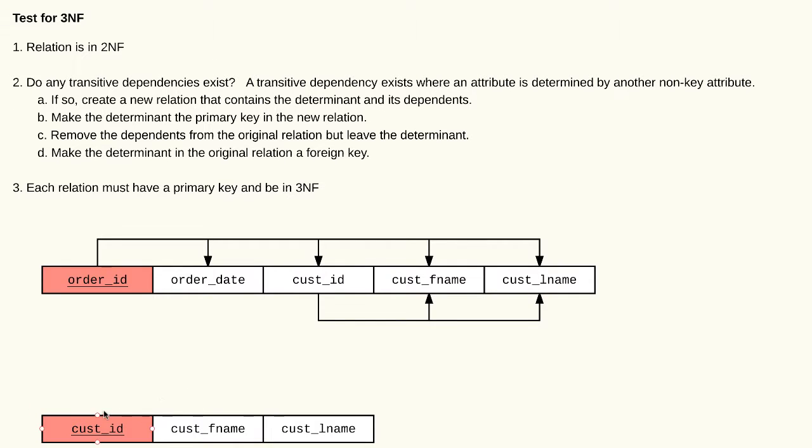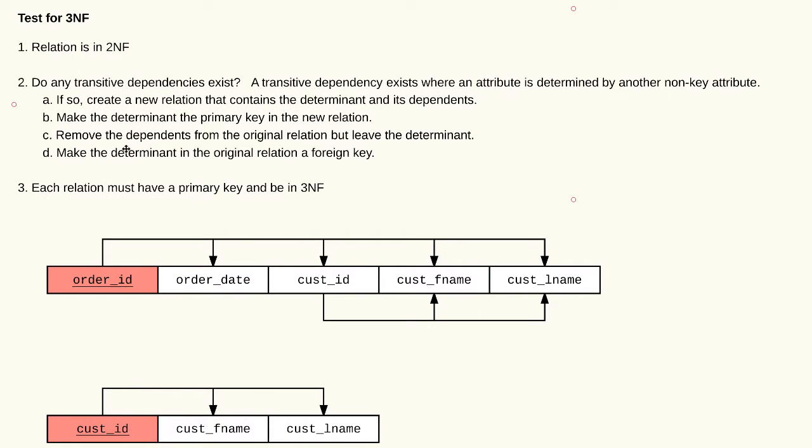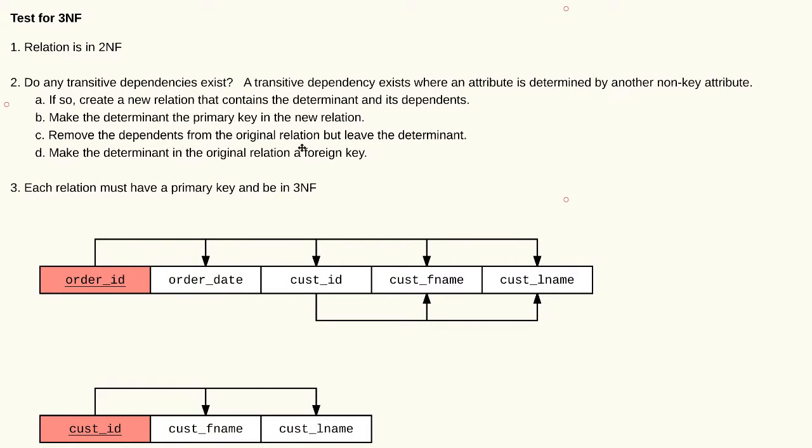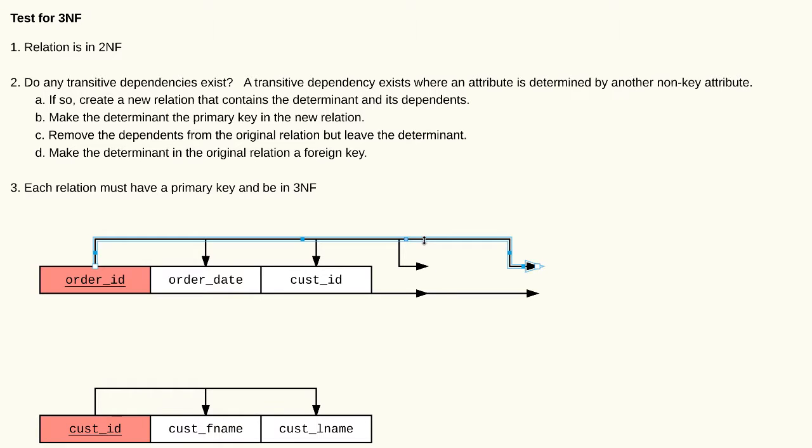And then I also need to put the arrows in here so that things are hooked up. And then it says to remove the dependents from the original relation, but leave the determinant. So I want to take out the dependents, but I want to leave the determinant there, which is cust ID.